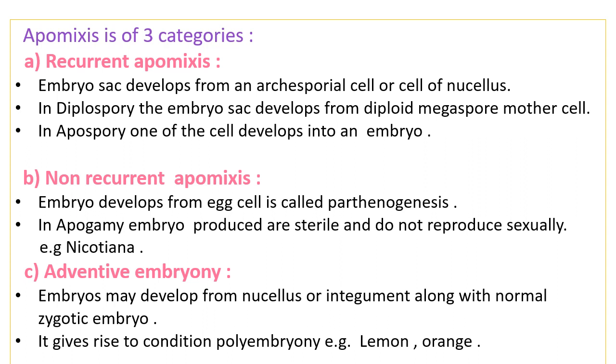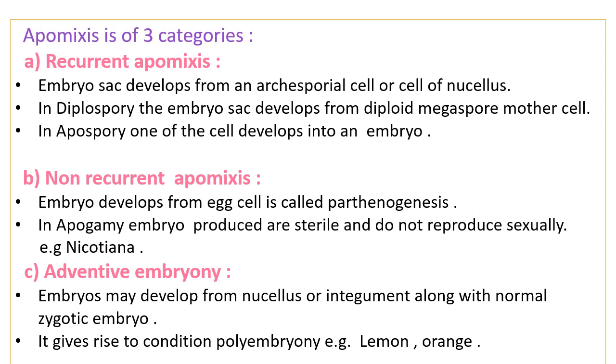Zygotic embryo means when male and female gamete fuse or unite with each other, they produce diploid zygote. This diploid zygote undergoes repeated mitotic divisions and produce an embryo. Such embryo is called as zygotic embryo.